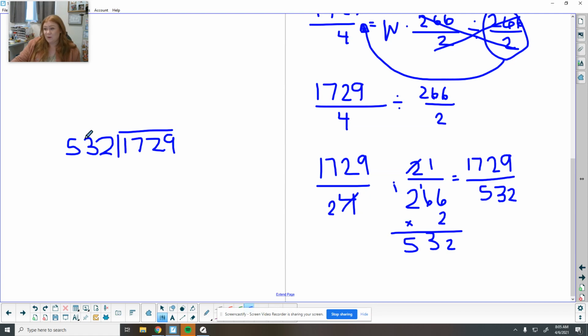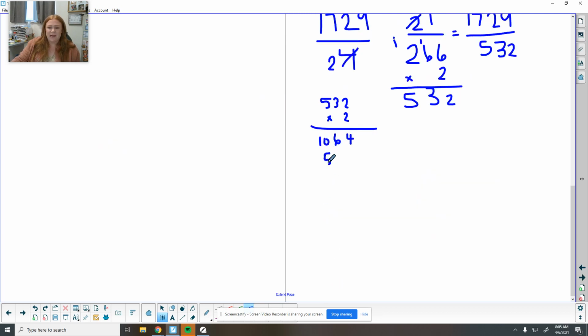So I don't know about you, but I do not know my 532 multiplication facts. So what I am going to do is I'm going to make myself a list over here. So I know if I times it by 1, it's 532. So 532 and another group makes it 1064 if I times it by 2. So let's go ahead and add on another group of 532.